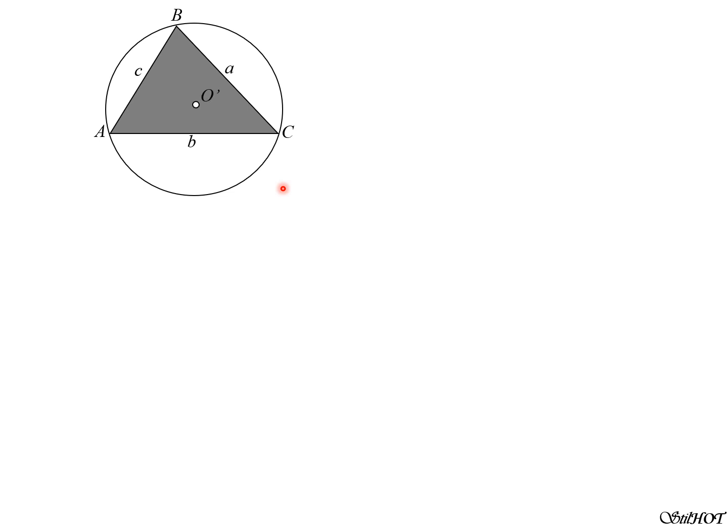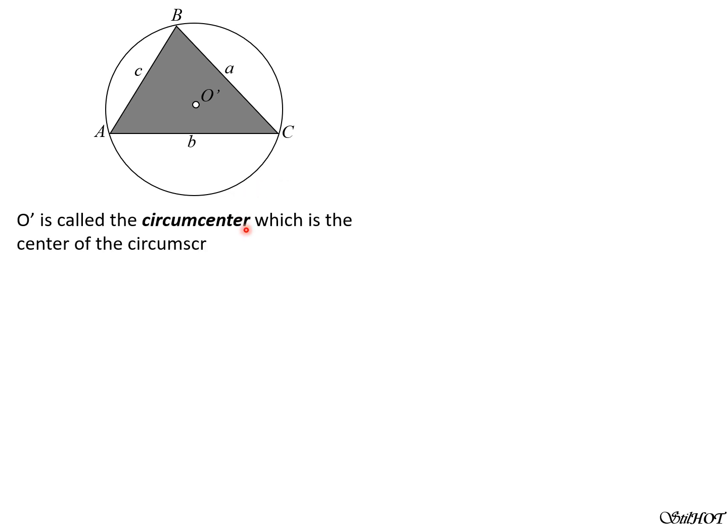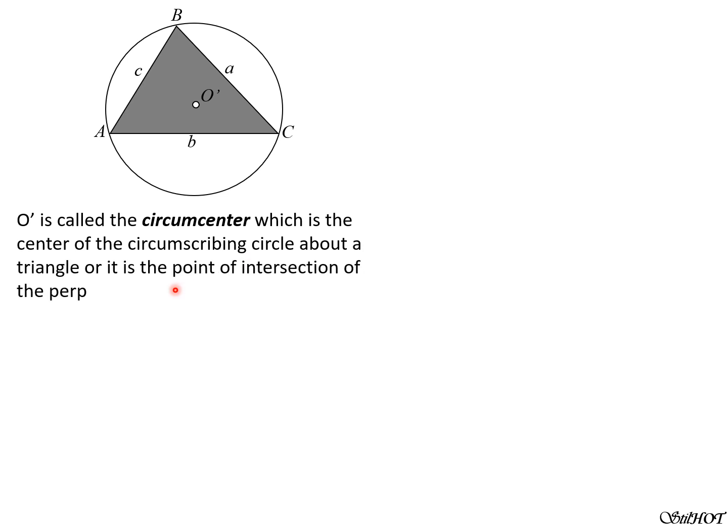So the center is denoted by O prime. O prime is called the circumcenter, which is the center of the circumscribing circle about a triangle, or it is the point of intersection of the perpendicular bisectors of the sides.